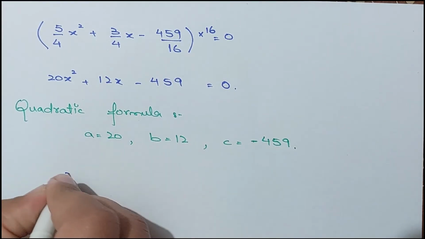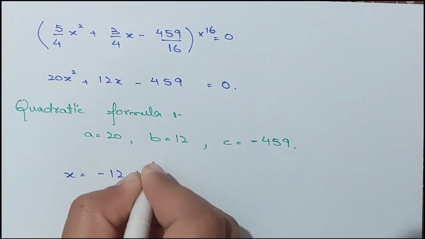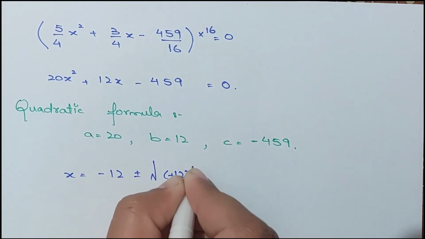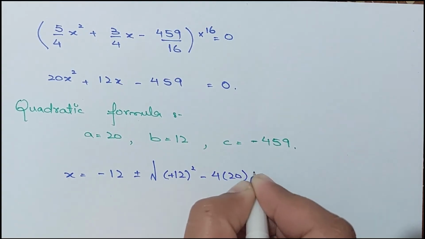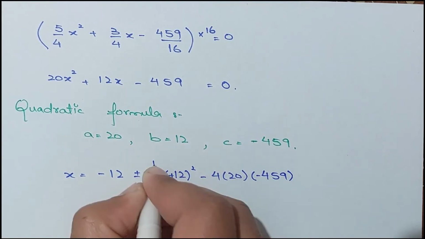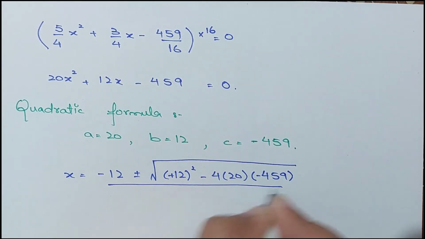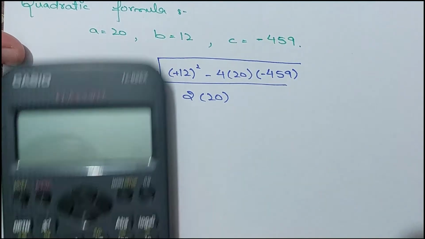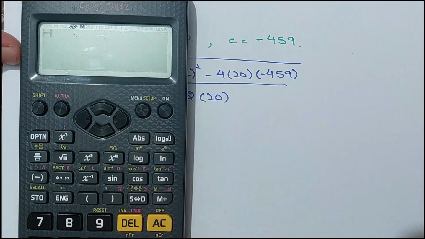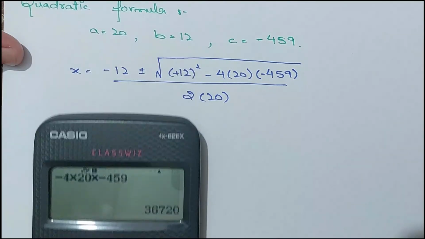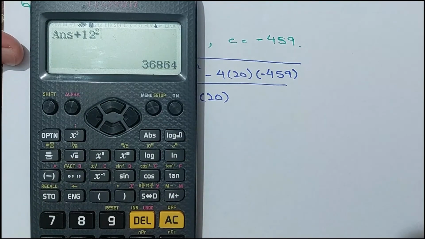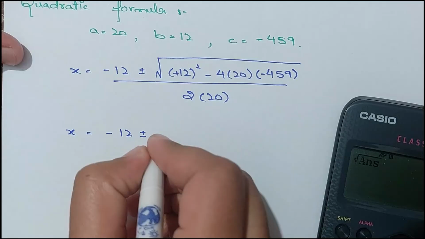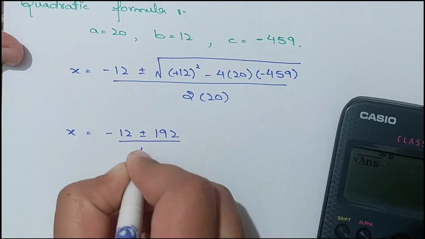Apply the quadratic formula. x equals negative of the b value plus minus square root of b square minus 4 times the a value times the c value, divided by 2 times the a value. Let me simplify this further. x would be equal to negative of 12 plus minus the square root of 12 square minus 4 times 20 times minus 459, which gives 192, and 2 times 20 is 40.